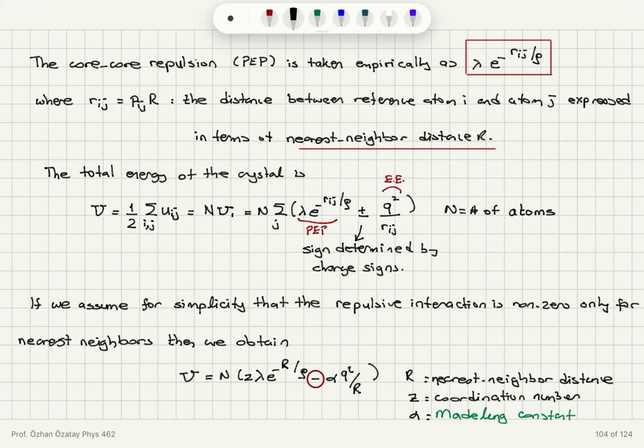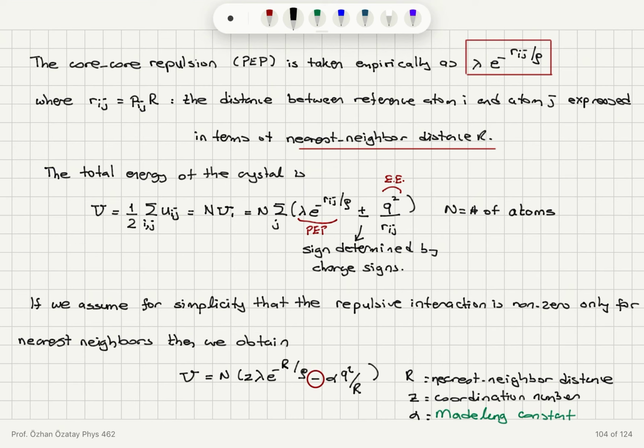Now for the Pauli exclusion principle, we assume for simplicity that this is really only a strong interaction between nearest neighbors, so we just need to calculate the interaction between the ith atom and its nearest neighbors. The number of nearest neighbors is the coordination number z, so we just multiply by z lambda e to the minus r, the nearest neighbor distance, divided by rho.